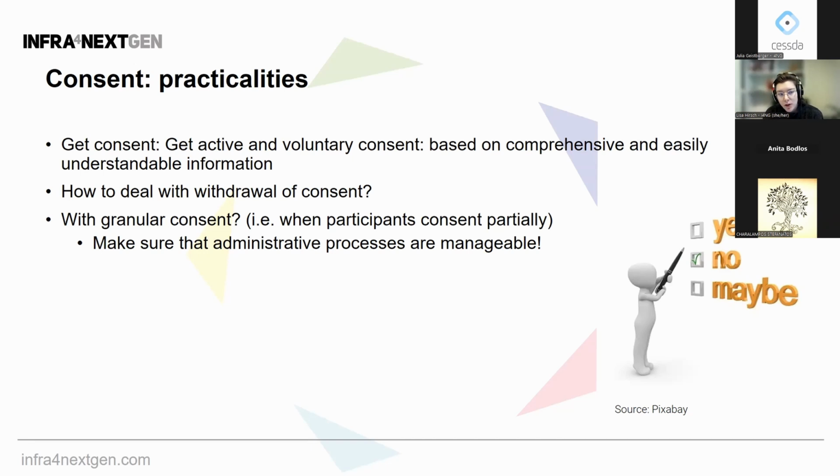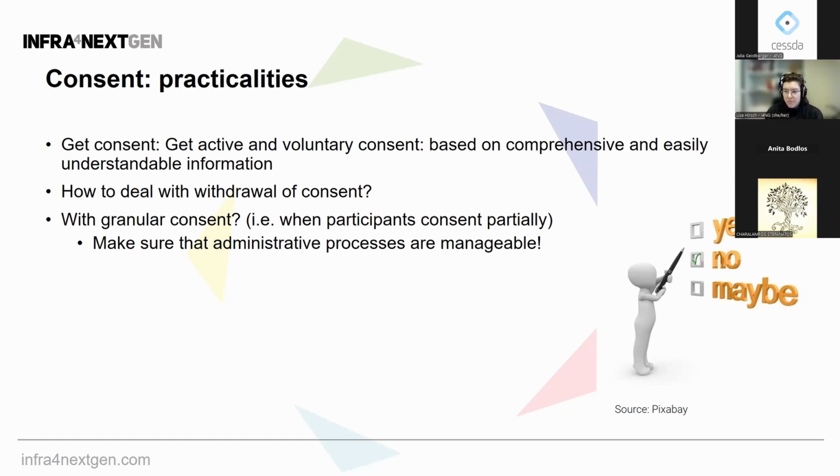Some recommendations point out that you can also try to obtain granular consent so that respondents can opt in to or consent to different ways of processing data. So some want to consent to having their data processed and analyzed, but not published, for example.